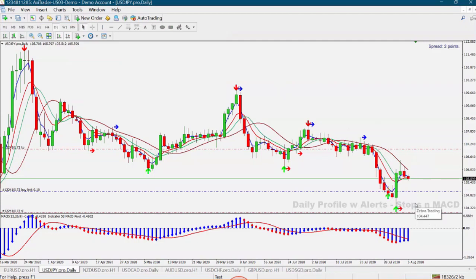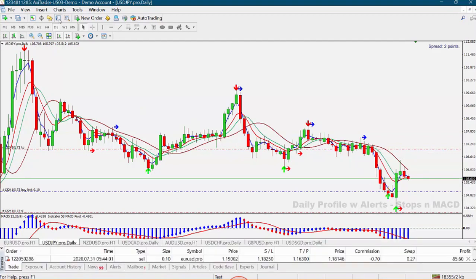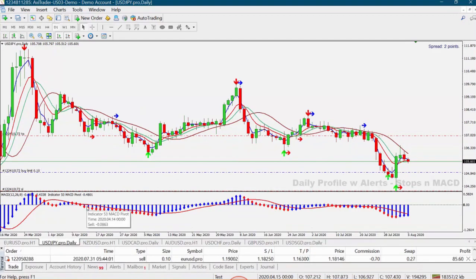So we're looking for price to come down to the 105 here, and stop at 104 and target 107. So that is a nice 2-to-1 trade. Let's see how that looks on the trade.